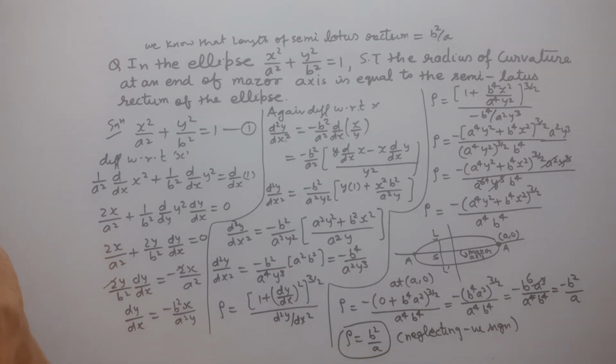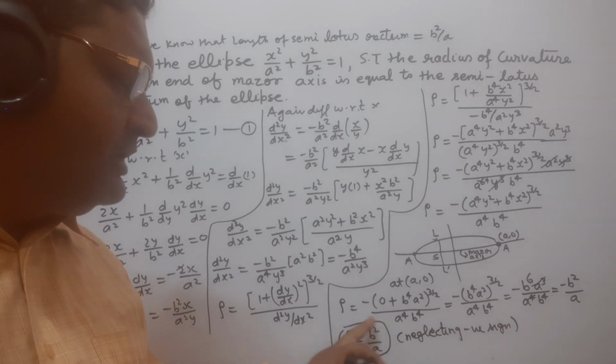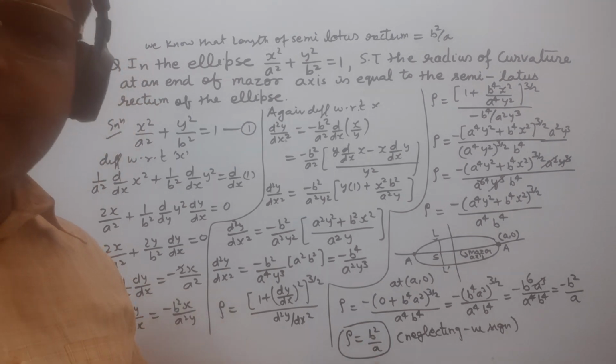This shows that radius of curvature is equal to the semi-latus rectum.